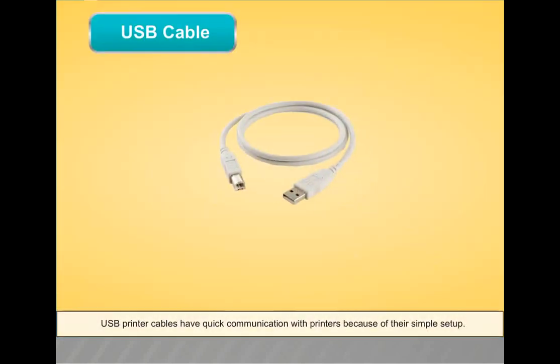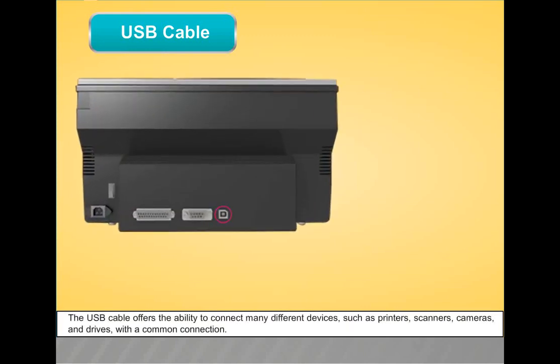USB. USB printer cables have quick communication with printers because of their simple setup. The USB cable offers the ability to connect many different devices such as printers, scanners, cameras, and drives with a common connection.